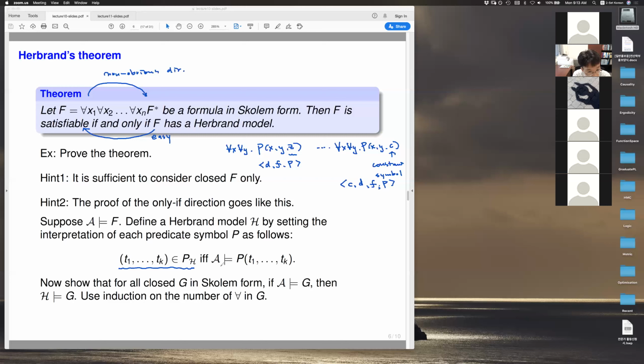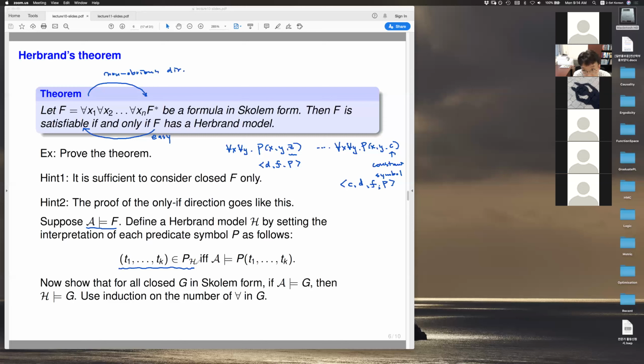that works. And the way they say that, just look at this A, which we are given in the beginning. What does A say? If A says that P of T1 up to Tk has to be true, then we say that T1 up to Tk is related by this interpretation of predicate symbol P. Otherwise, we say it is not related.